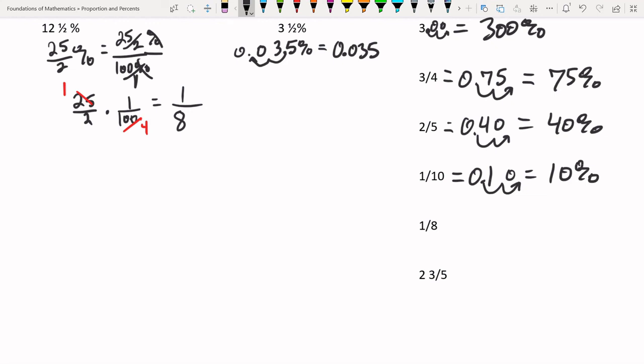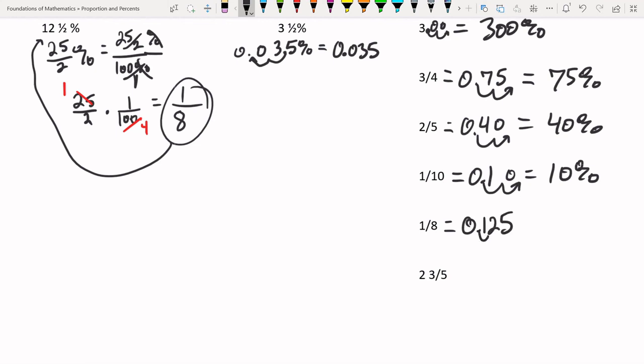Just plug this again into your calculator, move it 2 spaces to the right. 1/8, I actually knew what 1/8 is. That's going to be 12.5%. But what you can do is just put it in a calculator. That's going to give us 0.125. 2 spaces to the right, we get 12.5%.